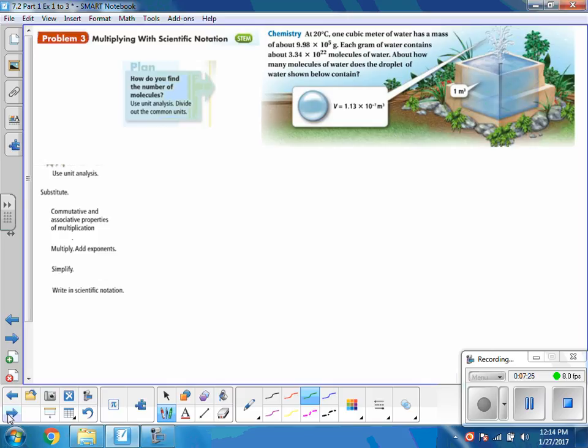So we're going to go ahead and try this one. We've got a problem here where we have multiplying with scientific notation. So we have 1.13 times 10 to the, whoa, that's little.